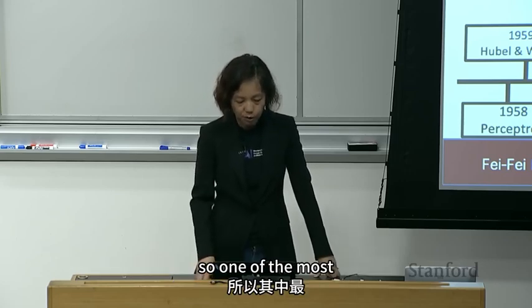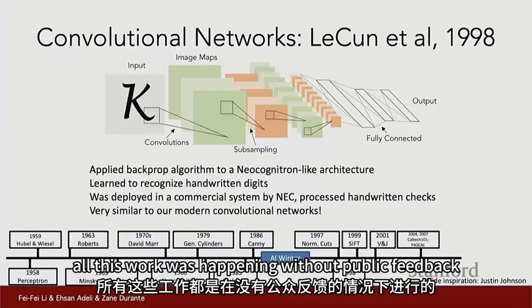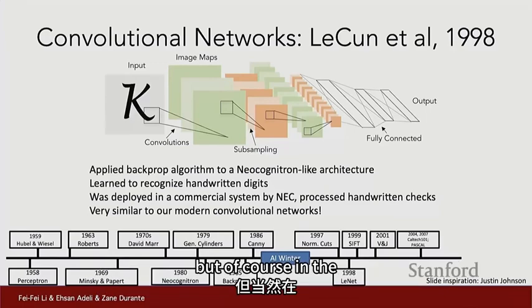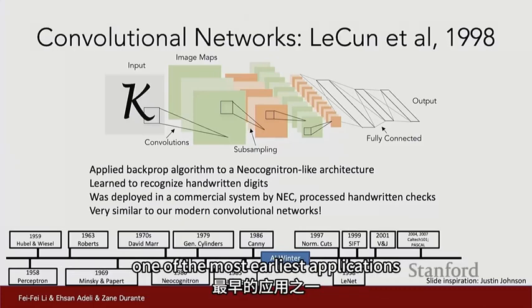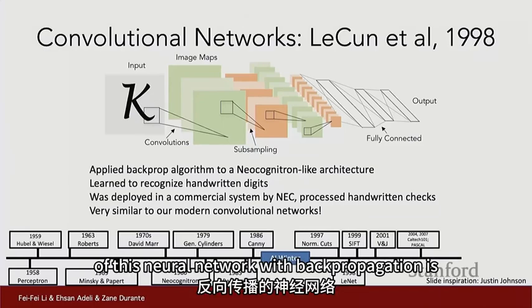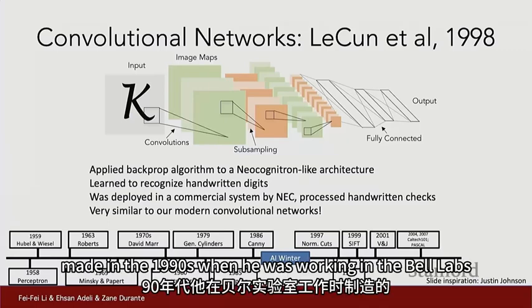Of course, we're still smack in the middle of the AI winter. All this work was happening without public fanfare, but in the world of research, these are very important milestones. One of the earliest applications of this neural network with backpropagation is Yann LeCun's convolutional neural network, made in the 1990s when he was working at Bell Labs.